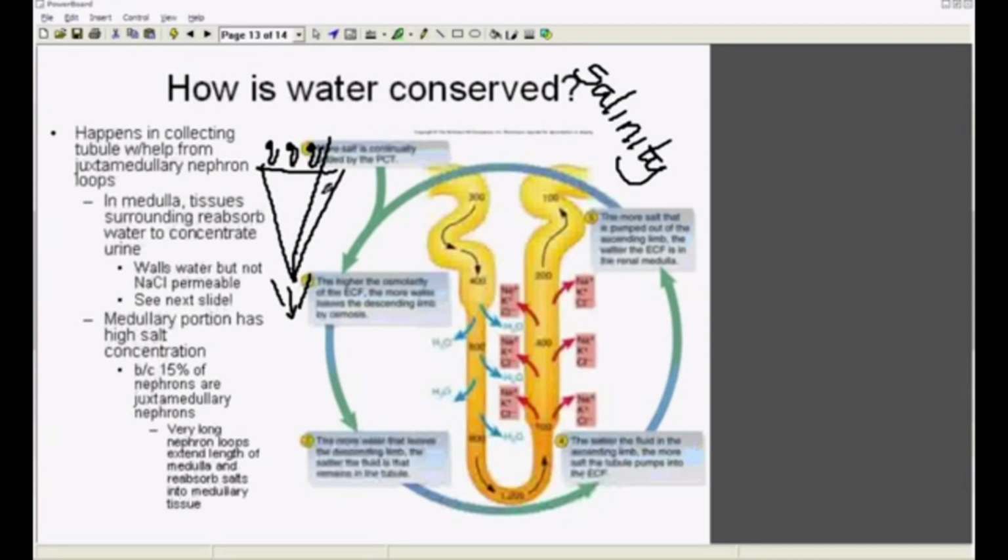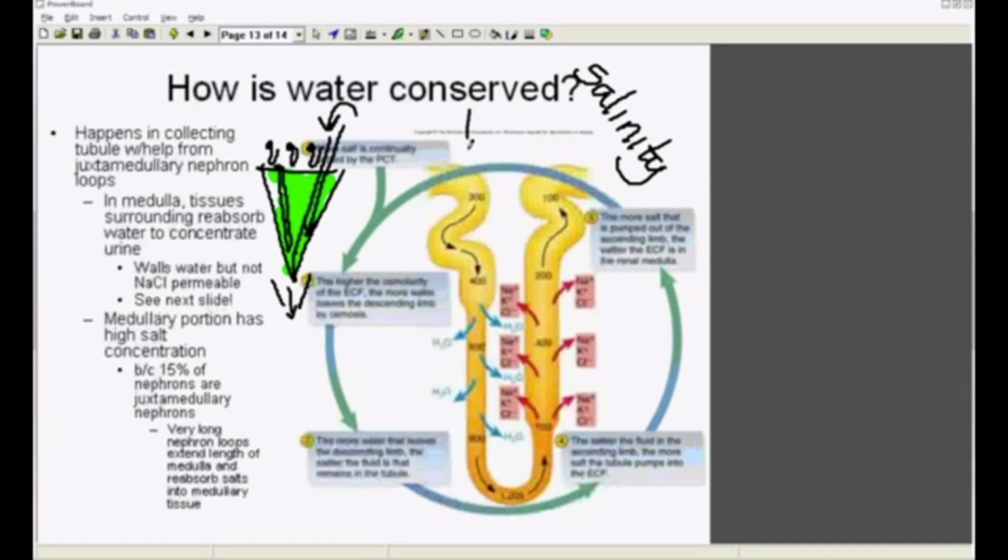And as this collecting duct travels through the renal pyramid, it is the juxtamedullary nephrons that have really long nephron loops that dip down like this that are creating this highly saline environment, which I'll represent with green here. So that as a collecting duct over here has its forming urine passed down through this very, very salty environment, the water in the urine inside the collecting duct leaves the collecting duct to try to dilute out the highly saline environment that surrounds it. And that's how we basically conserve the majority of the water.